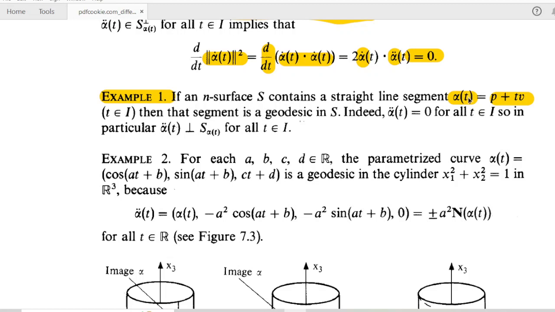The straight line segment, if this is the parametric equation of a straight line, that is alpha of t equal to p plus tv. P is a point, t is a parameter, v is another vector. The line along the vector v is parallel to vector v.